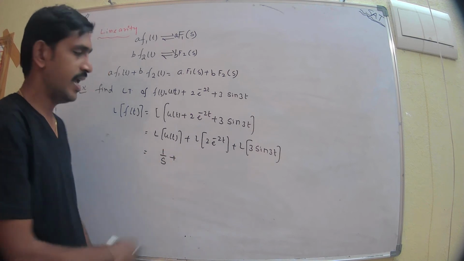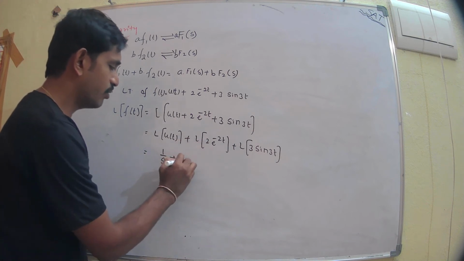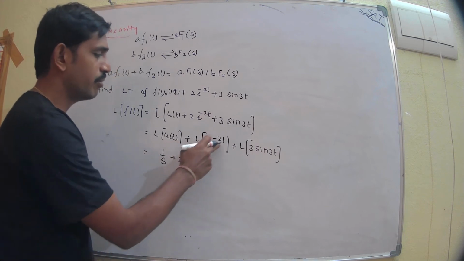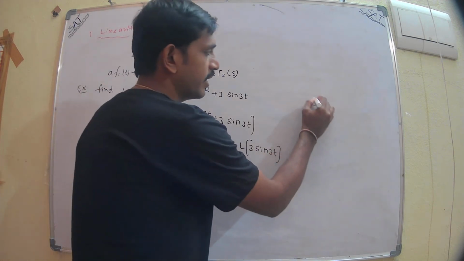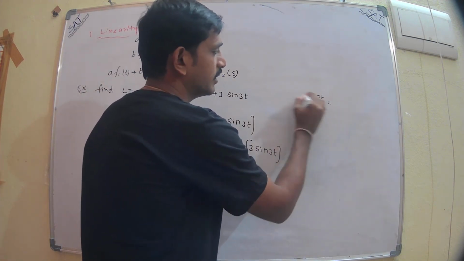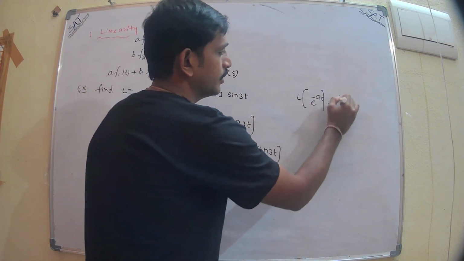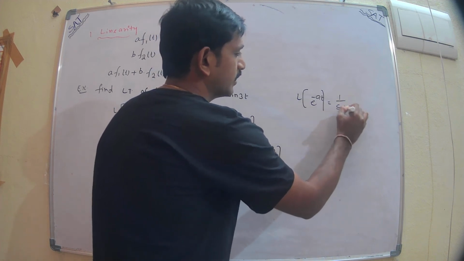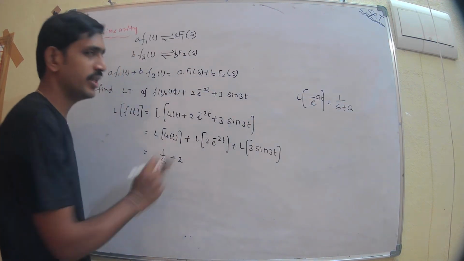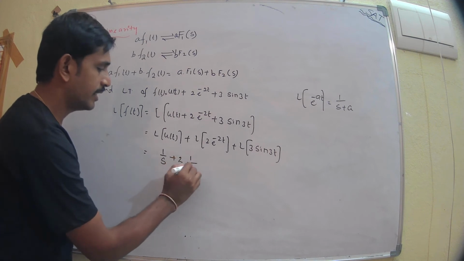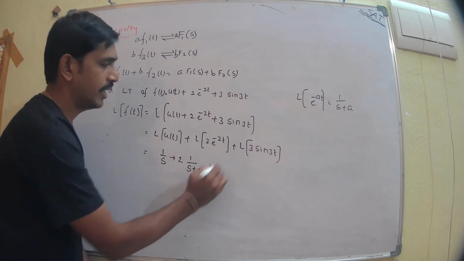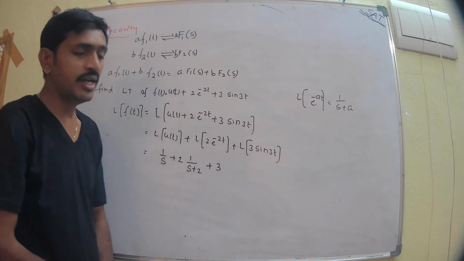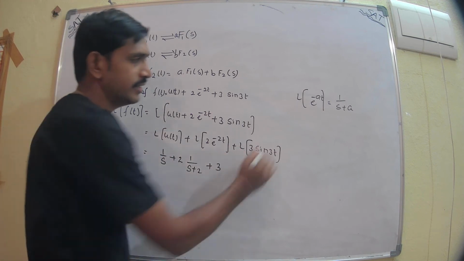Plus, 2 is a constant, I can write it outside. The Laplace transform of e power minus at is 1 upon s plus a. In the place of a, 2 is there, so 1 by s plus 2. Then plus 3 is a constant, I can write it outside.